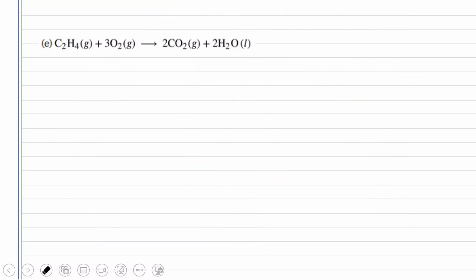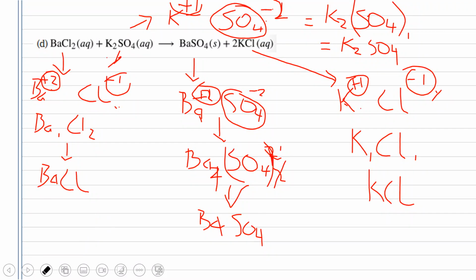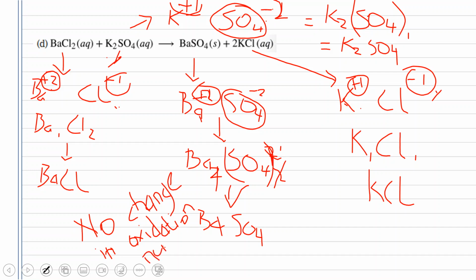As we all just witnessed, there's no change in their oxidation state, no change in the oxidation numbers.